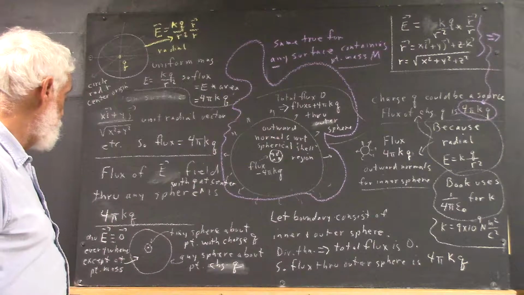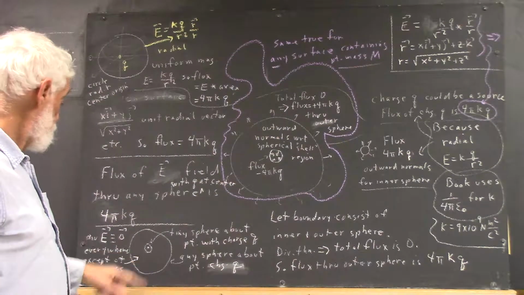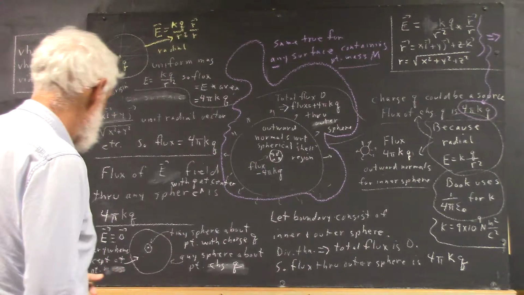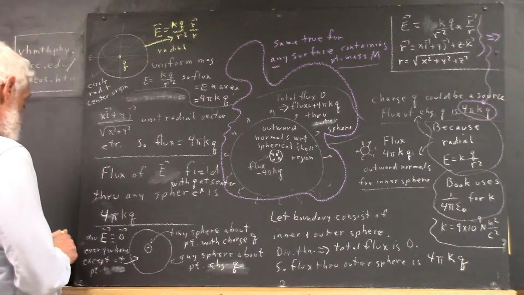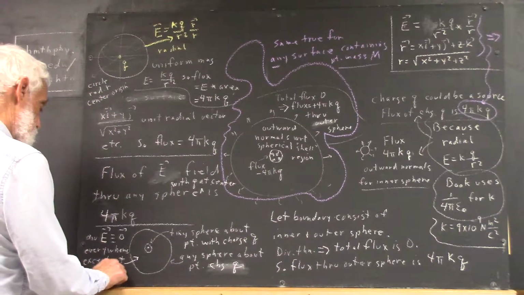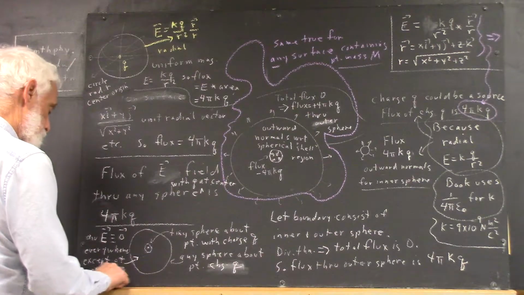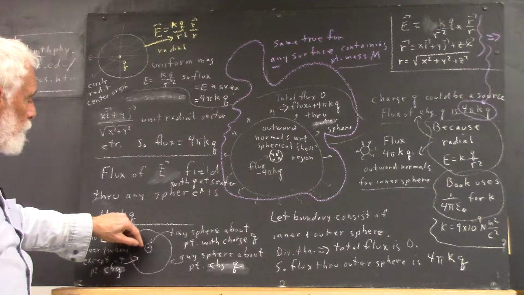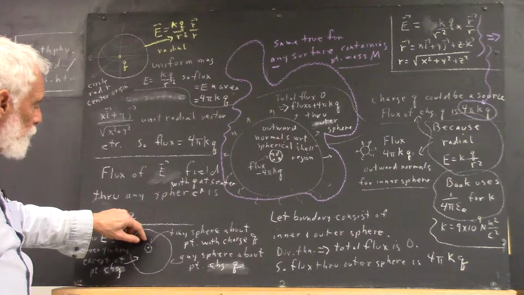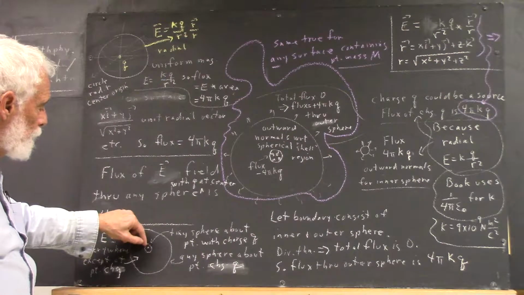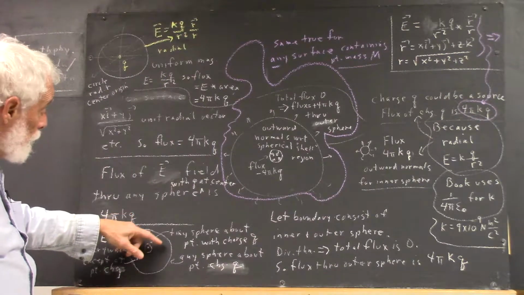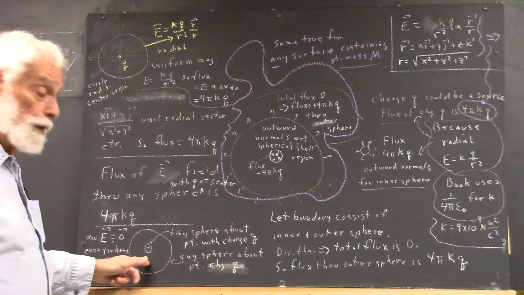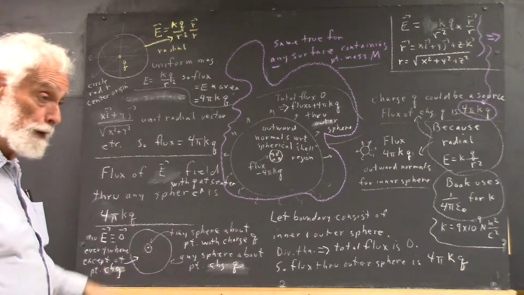Divergence is 0 everywhere except at the position of the point charge. So certainly, if you look at the region between this tiny sphere that encloses the charge and the sphere that surrounds everything, the divergence is 0 everywhere inside here.